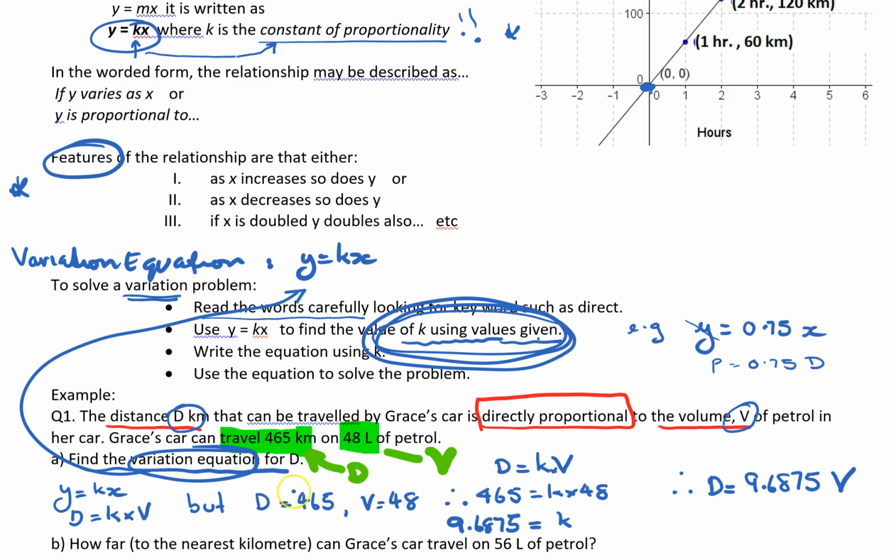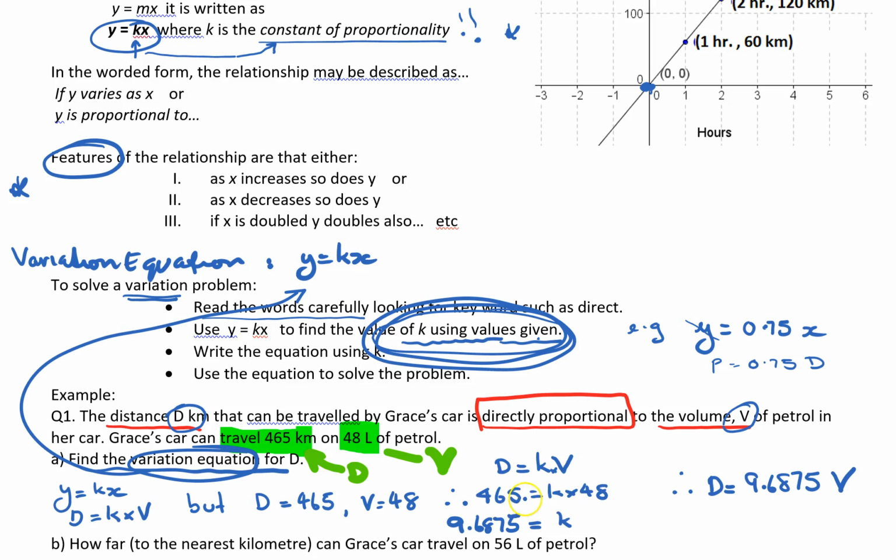But we know that the distance is 465 and the volume is 48. Now, if I put those two numbers into this equation, you can see I have an equation, and the only unknown pronumeral is k. I can get that k by itself by dividing by 48.